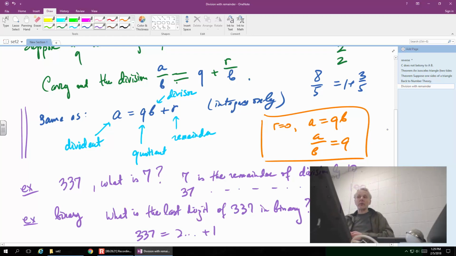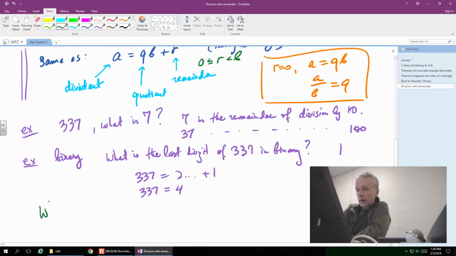Why is it always possible to represent any integer a in this manner? Given integer a, given integer b, why is it always possible? One extra requirement is that r is the remainder, so it has to be less than b and larger than or equal to 0. So division with remainder is always possible. Why is it always possible?